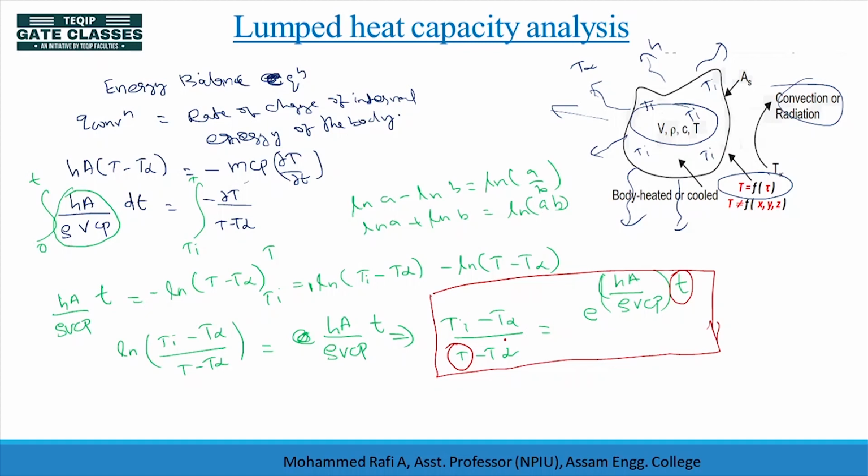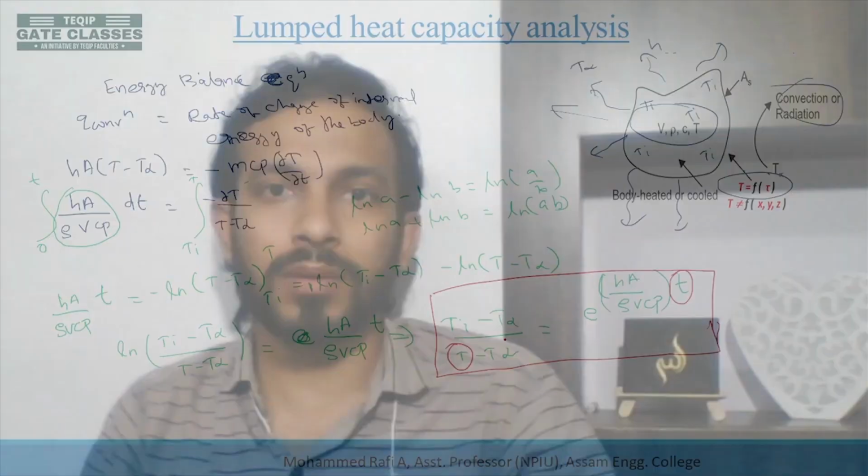Till now, while we were talking about conduction through a slab, conduction through a sphere, or the fin analysis, we were not discussing time. We were finding the temperature at different points. It was about position in case of fin analysis.